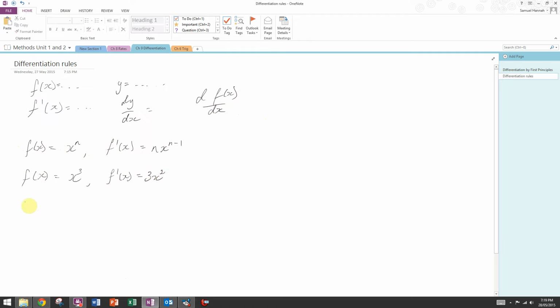Let's do a couple more. This time I'll use the other notation. So suppose we've got a function y equals x squared. So this time dy dx, our derivative, the 2 comes out the front, and then it's x, and 2 take away 1 is 1, so it's just 2x.